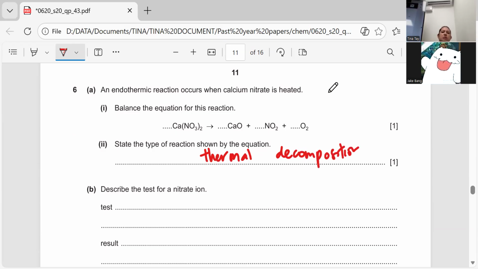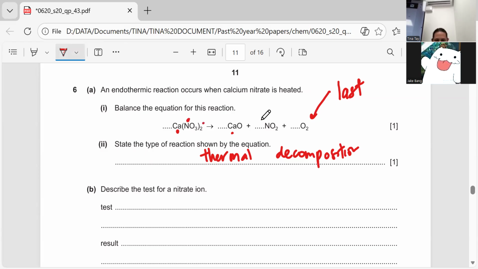How do you balance the equation? You always balance the element last. So 2, 2, 4, 1. If you don't write 1, it's fine. You don't have to write the 1. Okay, I show you. First, you see the calcium. One calcium, one calcium.